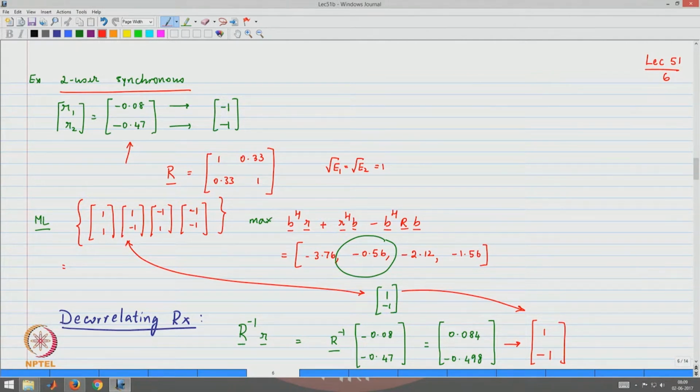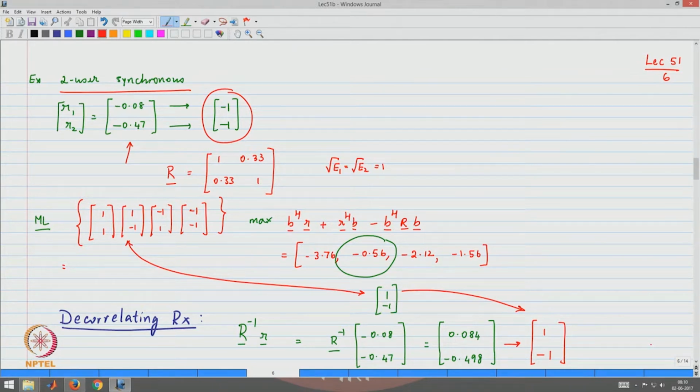This is different from what you would have obtained had you applied the quantization directly to the output of the correlators. There you would have made a mistake. It would have been -1 comma -1, whereas the correct answer is +1 comma -1, which is consistent with the result obtained in the maximum likelihood case and also with the decorrelating case.